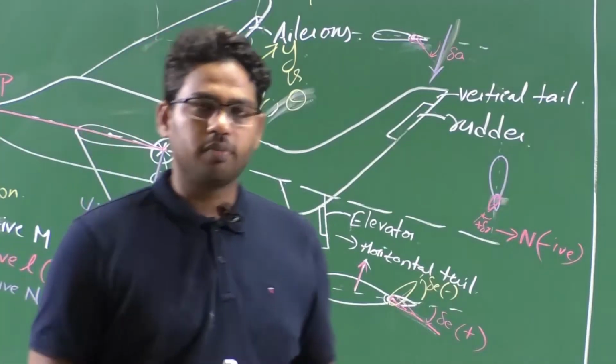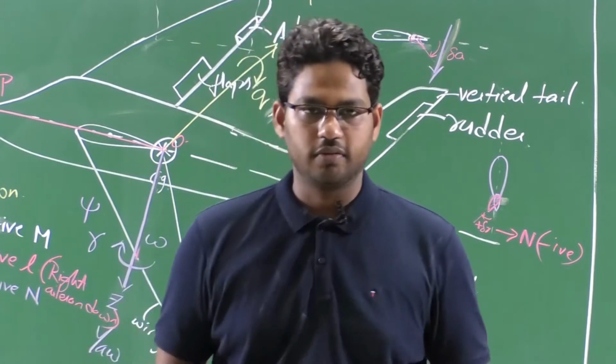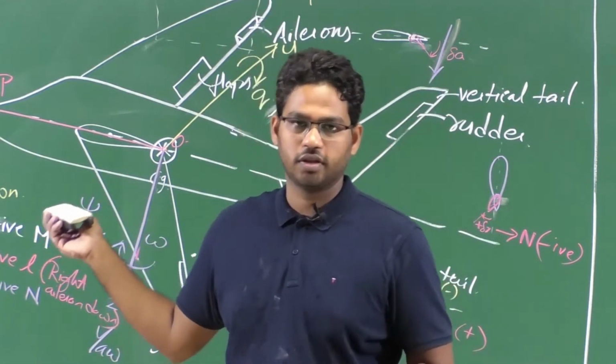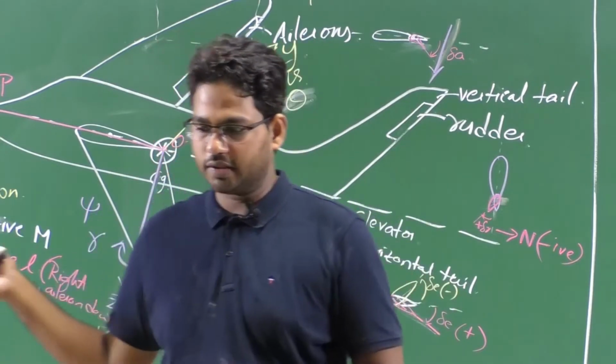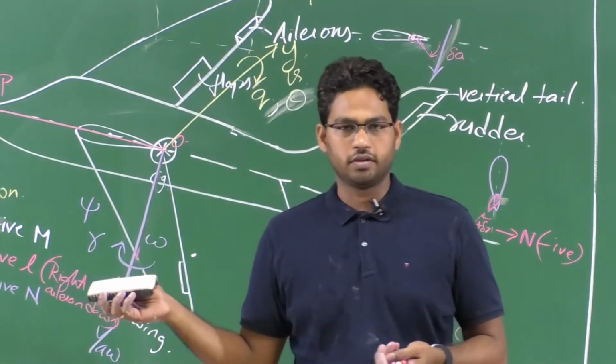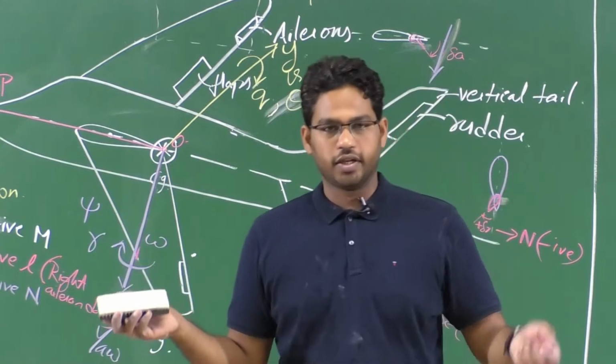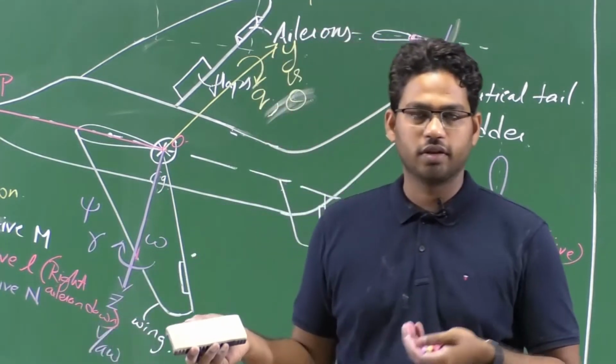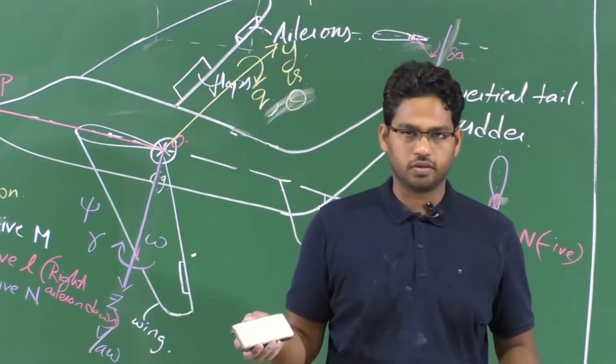So if you want to talk about the flying characteristics of this aircraft, first we need to talk about an important property called stability of this aircraft, right? Stability is a property of equilibrium state, right? We have defined earlier what equilibrium is, and we all know it is a state about which resultant forces and moments are zero, right?